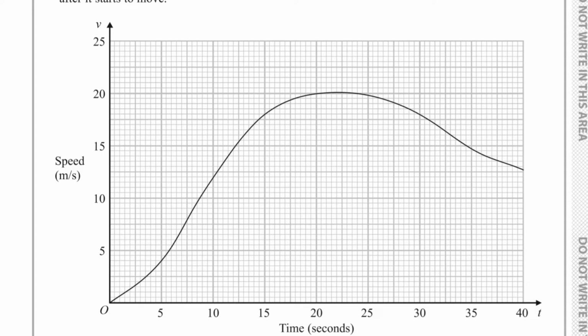And if I draw a tangent, we end up with something which looks like this pretty much. So let's just try to get this as accurately as we can. Okay, so this is a tangent at t equals 15.